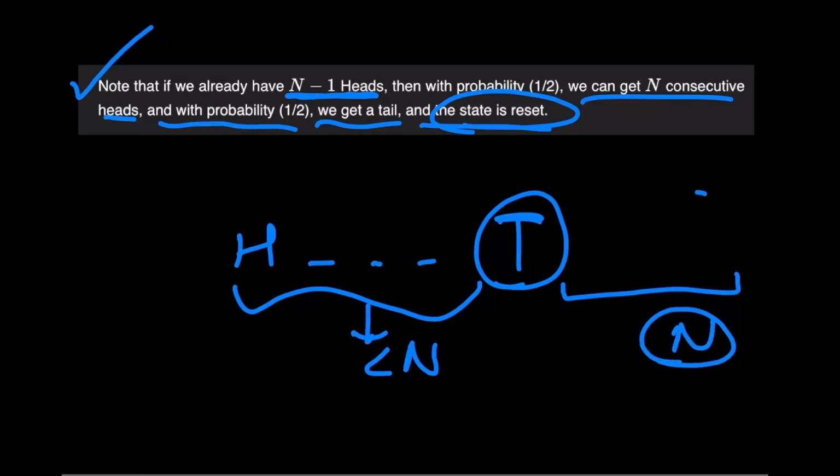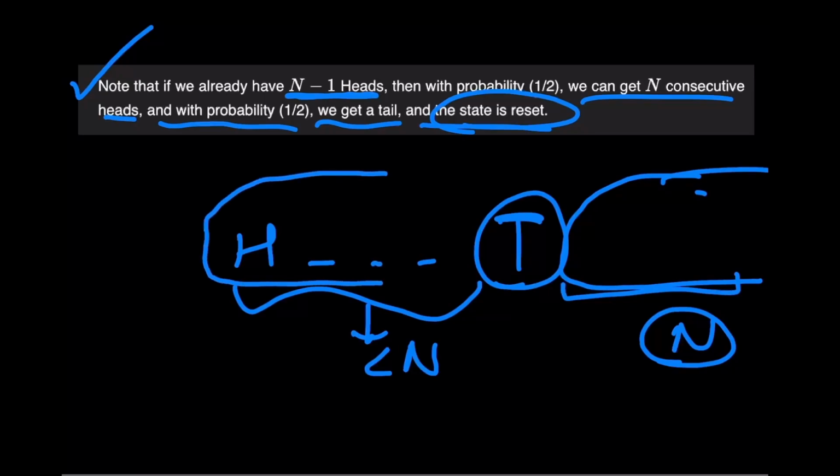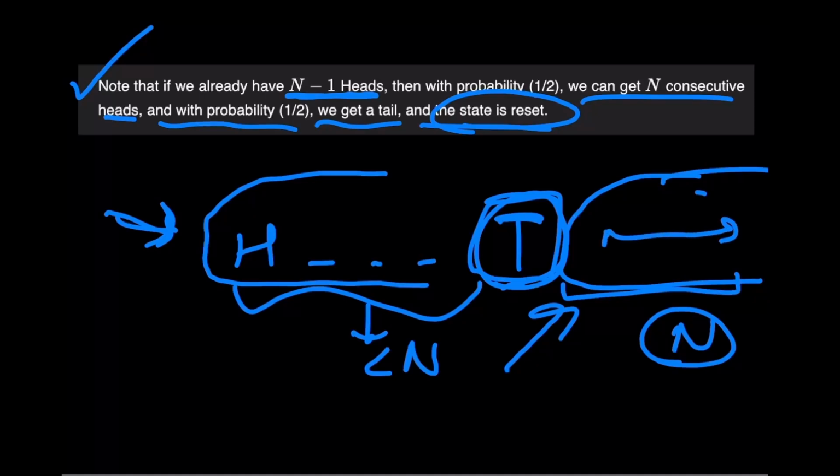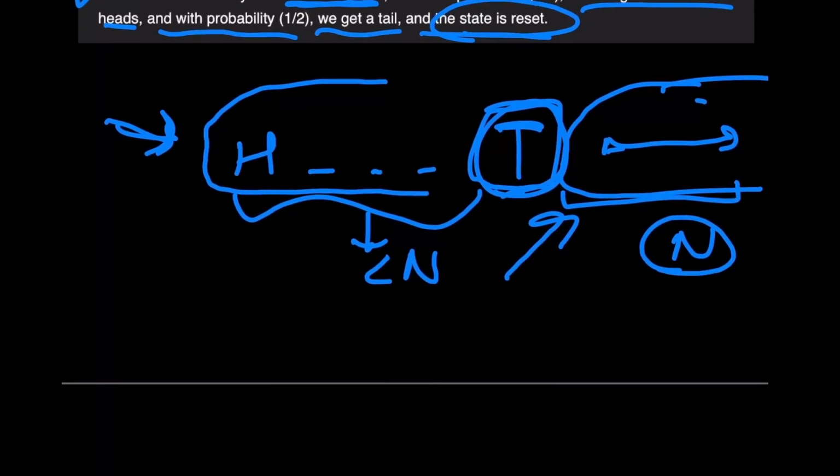So the state from this point onwards is exactly identical to the state as it looked from the start, since we got a tail and the chain of consecutive heads was broken, and so we need to get n consecutive heads again. So what this means is that E of n is equal to, now we're going to take both cases, and both cases have a probability of 1 by 2.